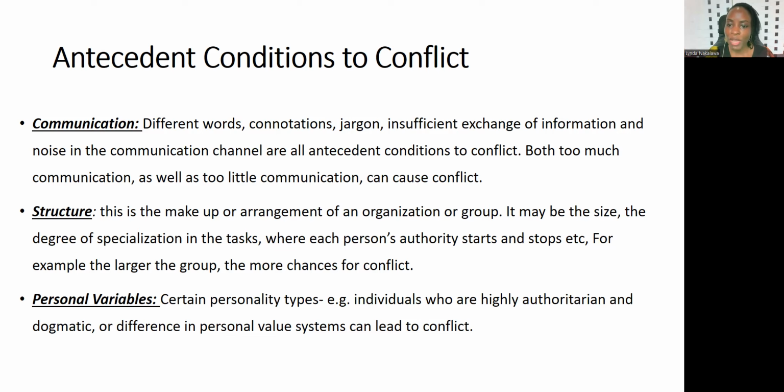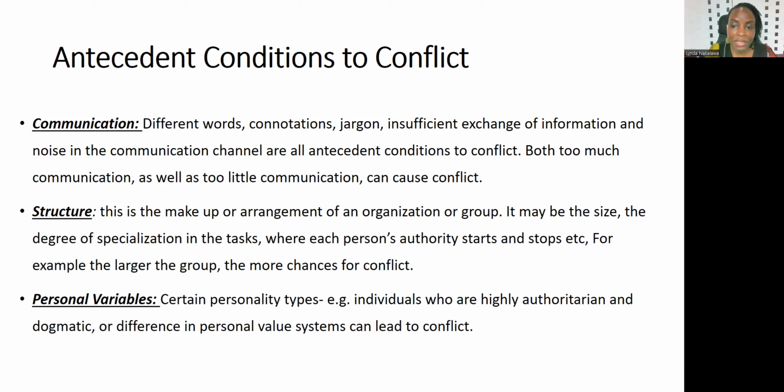Then there is where each person's authority starts and stops. If it is clear that this is where my authority starts and this is where it stops, the chances for conflict might be less. But if it's not clear, imagine somebody who has many bosses and every boss at every level can send you.